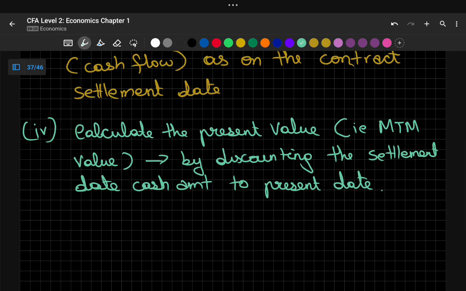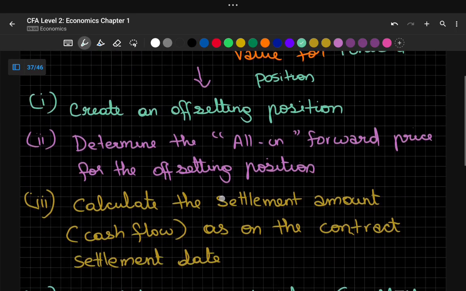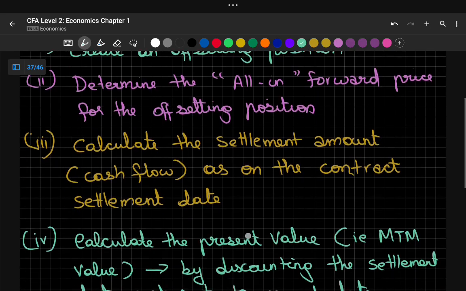So this is how we calculate the offsetting position for a forward contract.